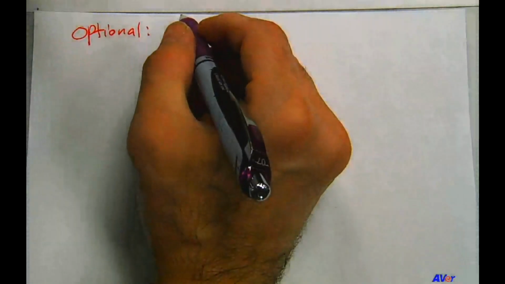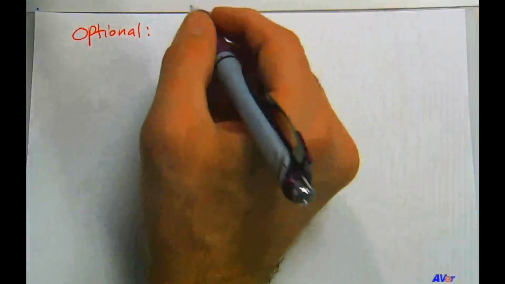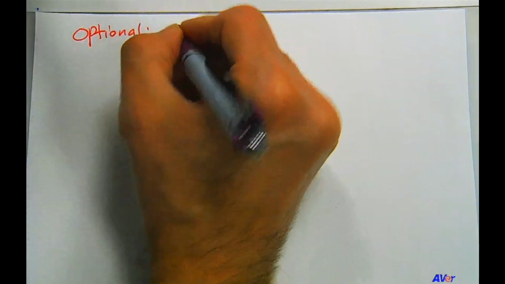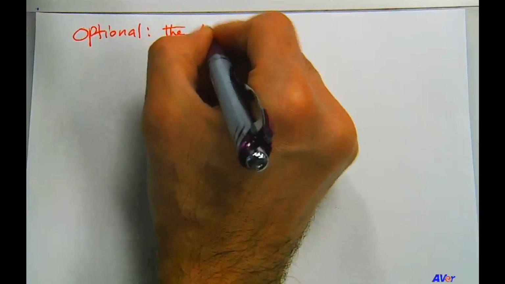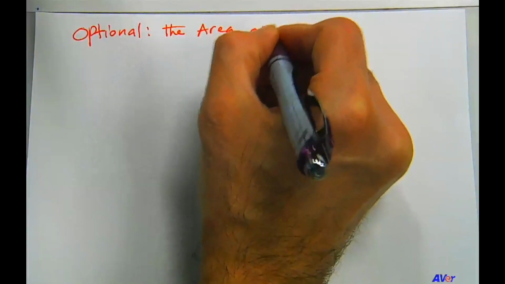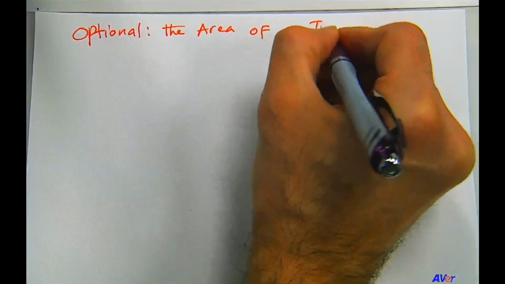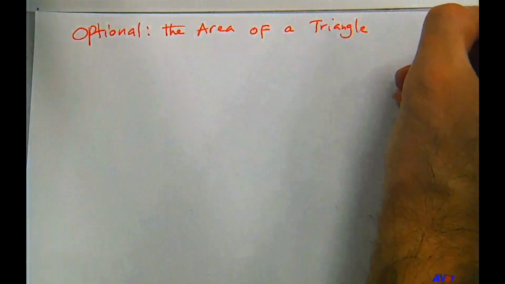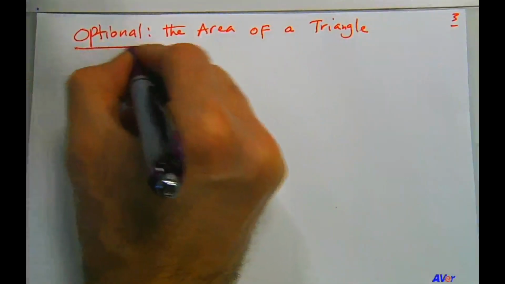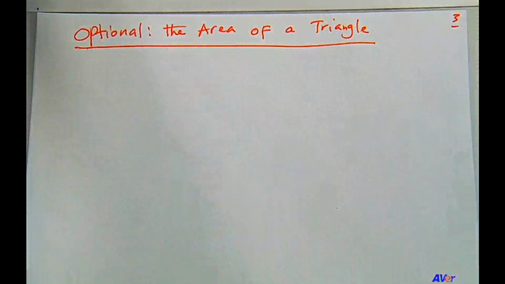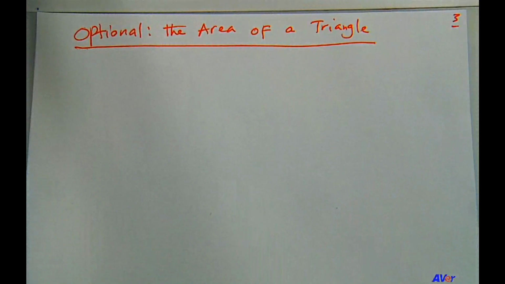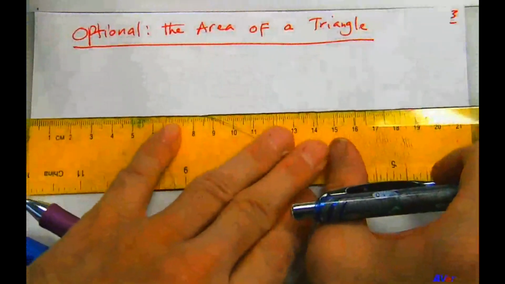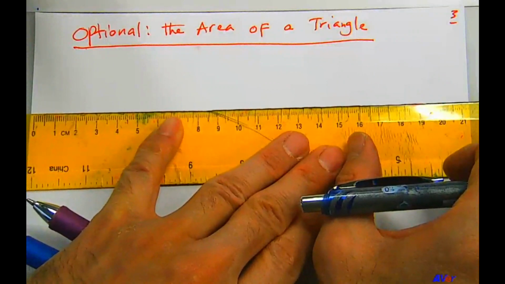So this is a new way of finding out the area of a triangle. So the area of a triangle, you already know, let me draw this picture here. Suppose we have some triangle like this.